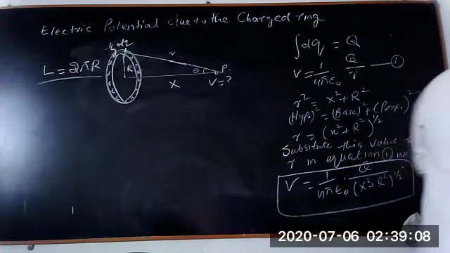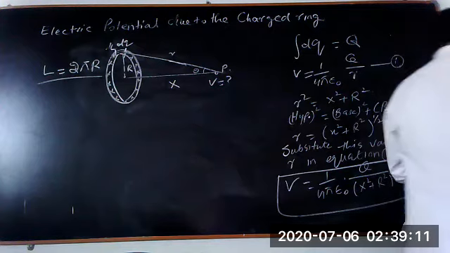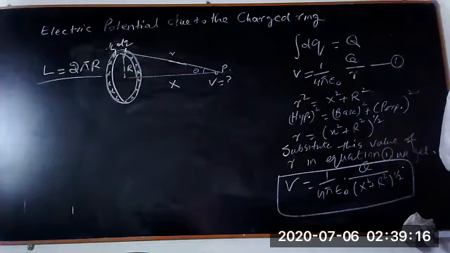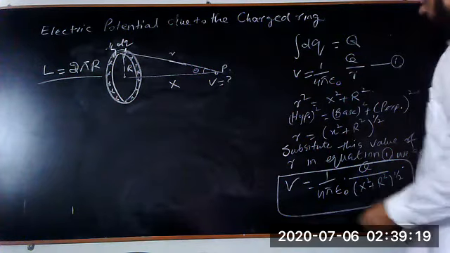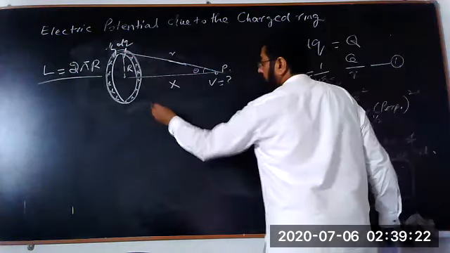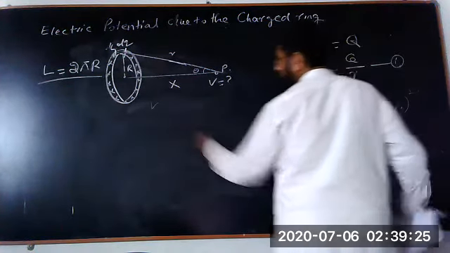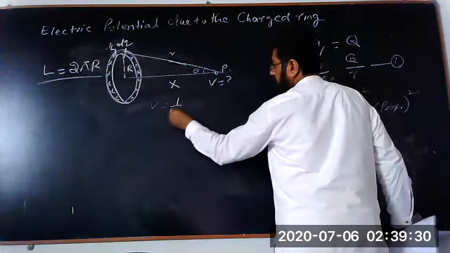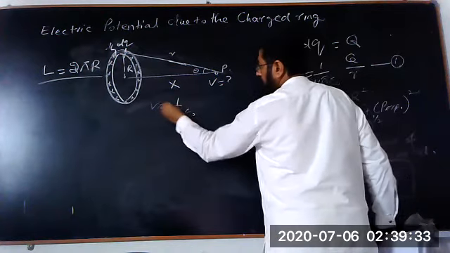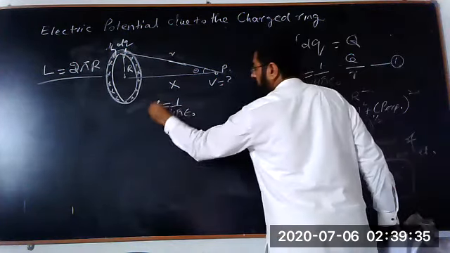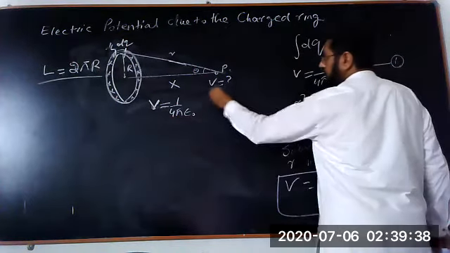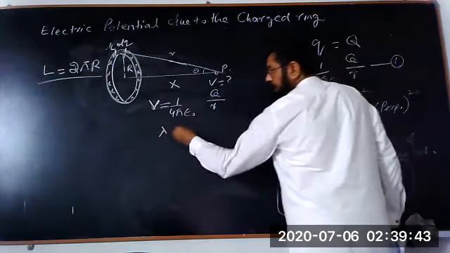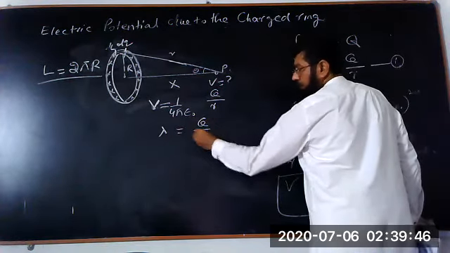Here, if you see, what is the electric potential at a point P due to the linear charge conductor. So this is the V we have calculated, V is equal to 1 upon 4 pi epsilon naught Q upon R. Lambda is equal to charge per unit length.